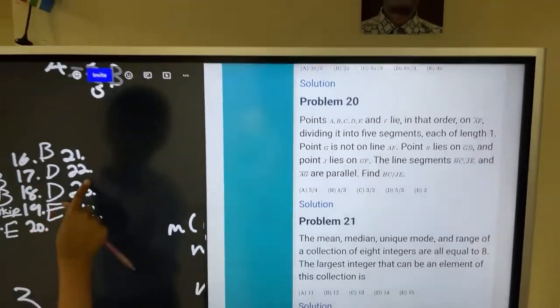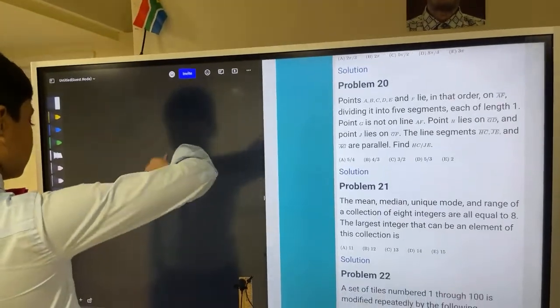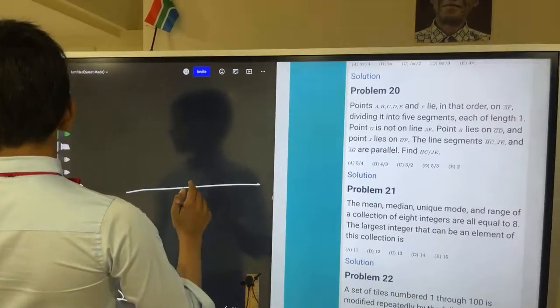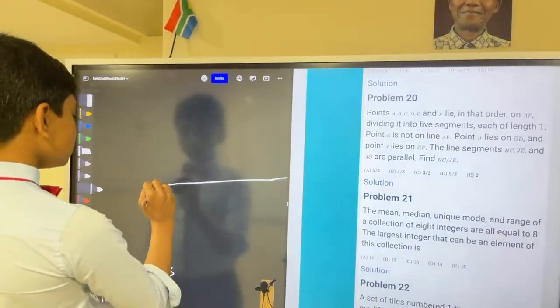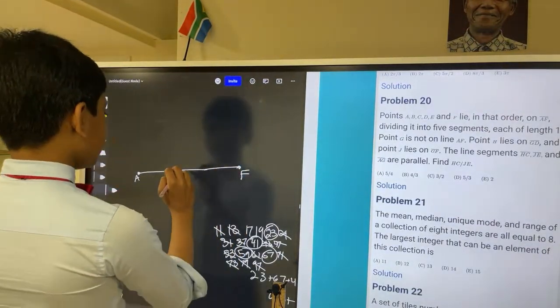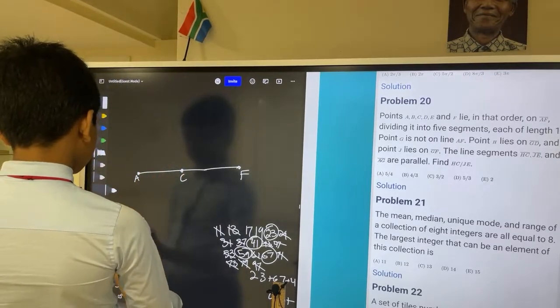Okay, I have to draw this. So this is A, this is F. The halfway point is going to be C, right?